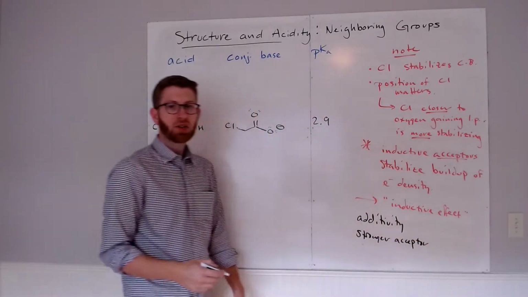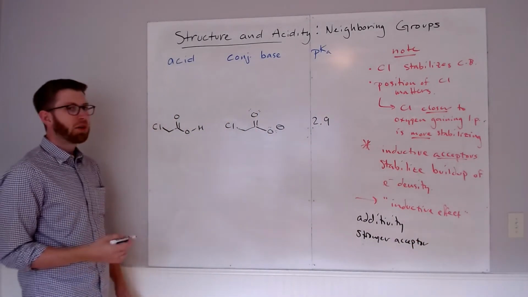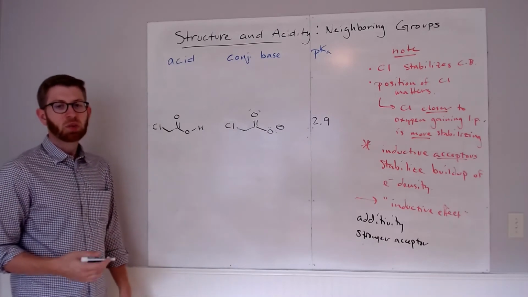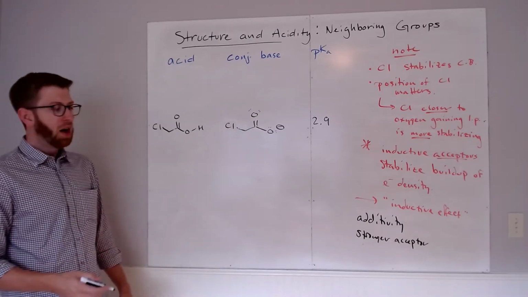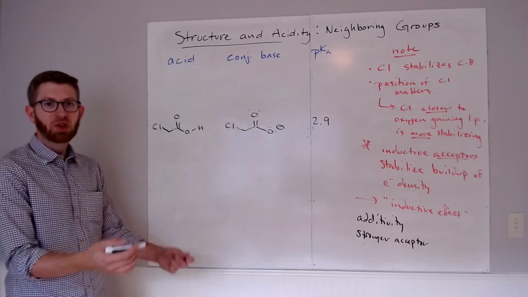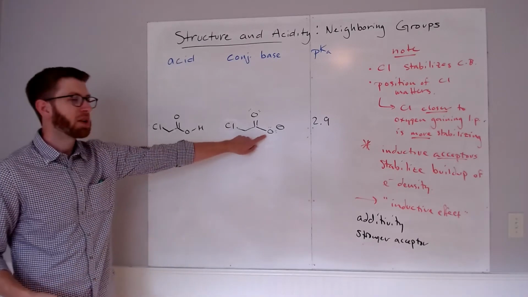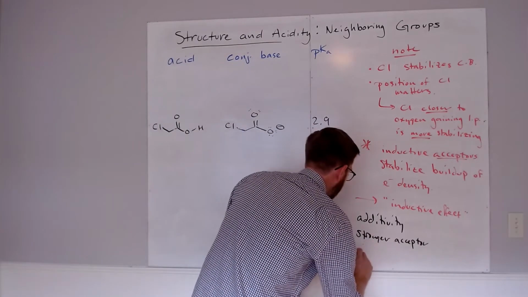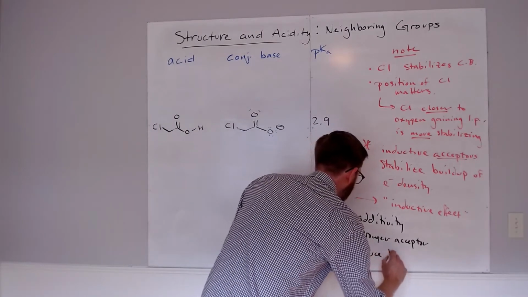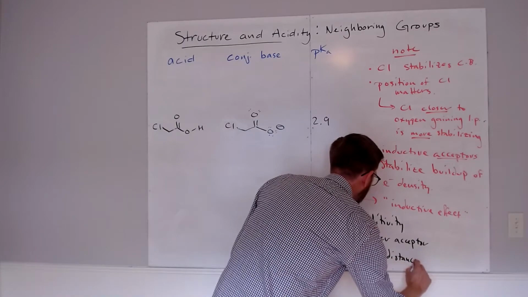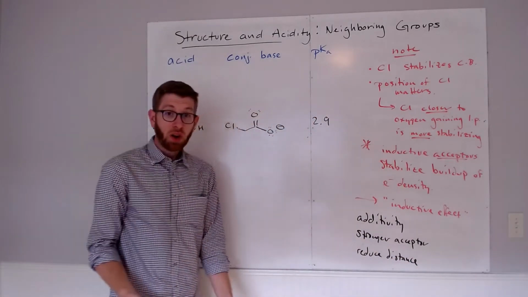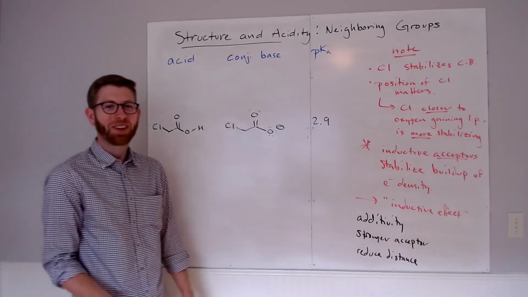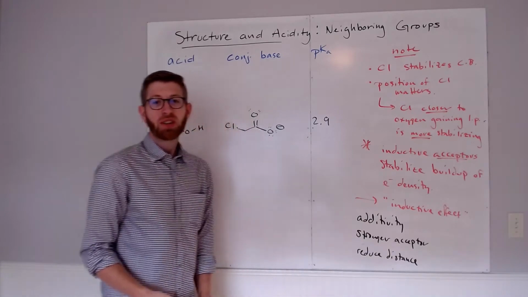That's another strategy. Or I could try to reduce the distance between the inductive acceptor and the position that I'm trying to influence, in this case the negative charge on oxygen. So reduce distance.